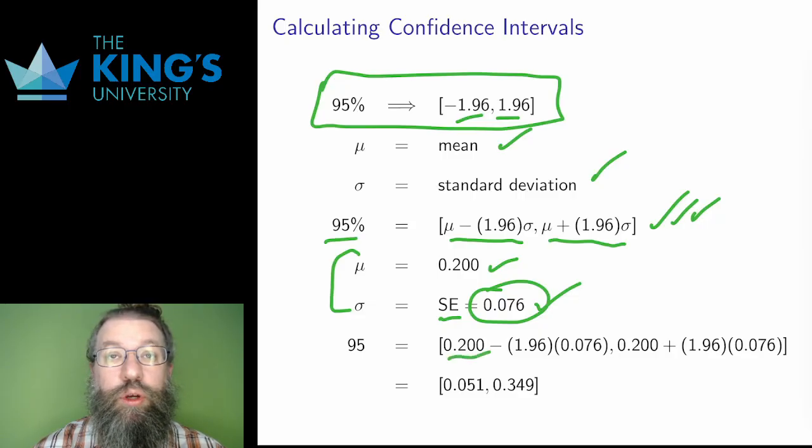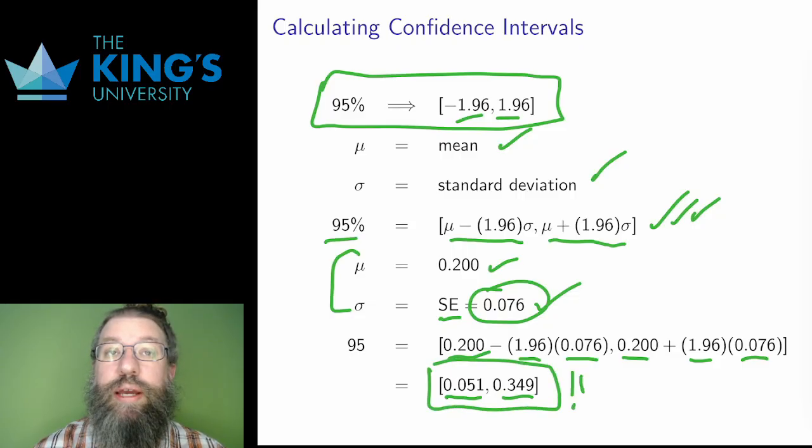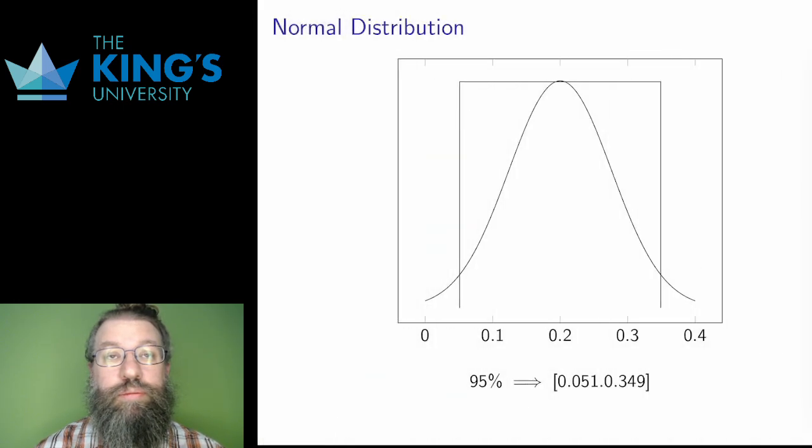I take 0.2 minus 1.96 times 0.076, and that gives me 0.051. And likewise, I take 0.2 plus 1.96 times 0.076, and that gives me 0.349. This is my 95% confidence interval for the population parameter.